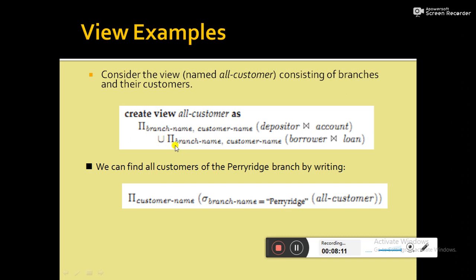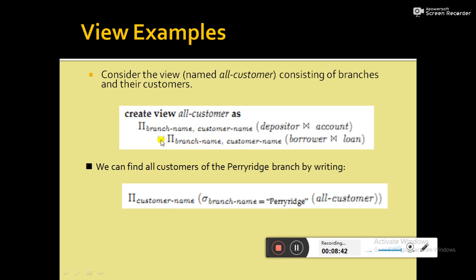Union, and this relational algebra query performs borrower natural join loan, which means this operation will combine the information from borrower and loan, and it contains the information of those customers who have a loan, and from that relation we are only selecting the branch name and customer name. So this branch name and customer name are for customers who have an account, and this customer name and branch name correspond to those customers who have a loan.